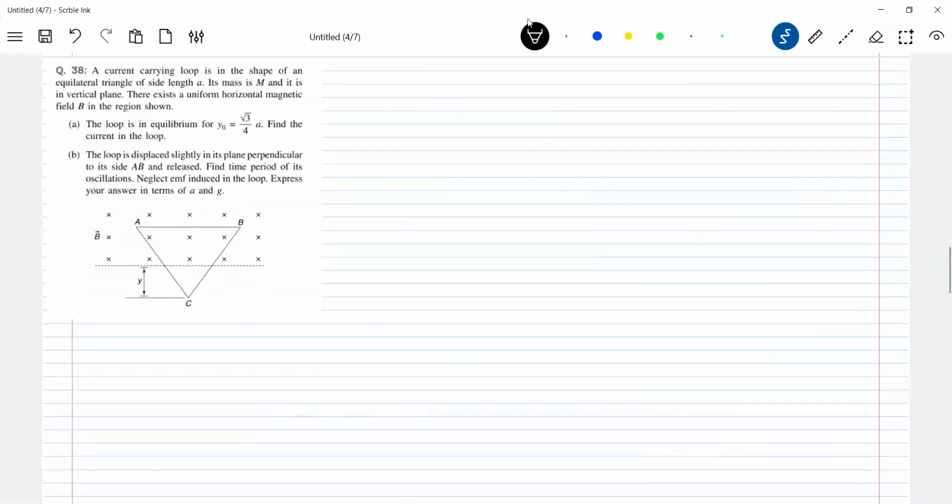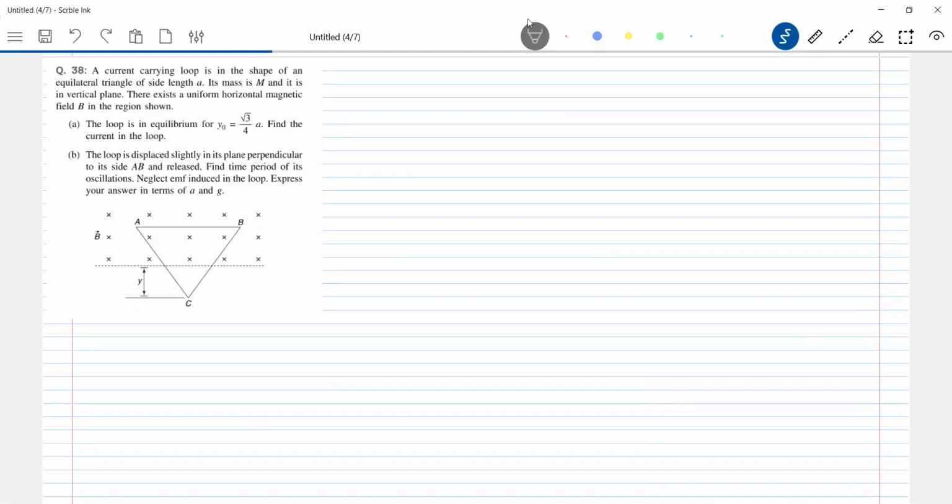Let's come to some Ampere force, a few applications. Read question number 38. There's a problem based on SHM.